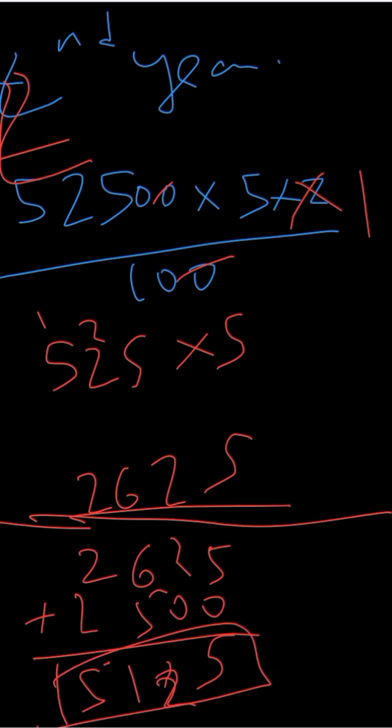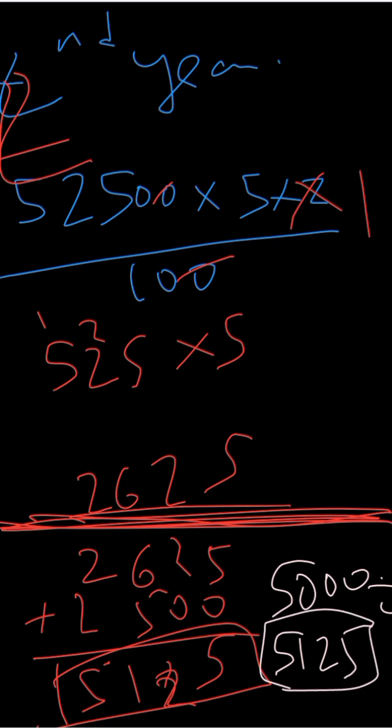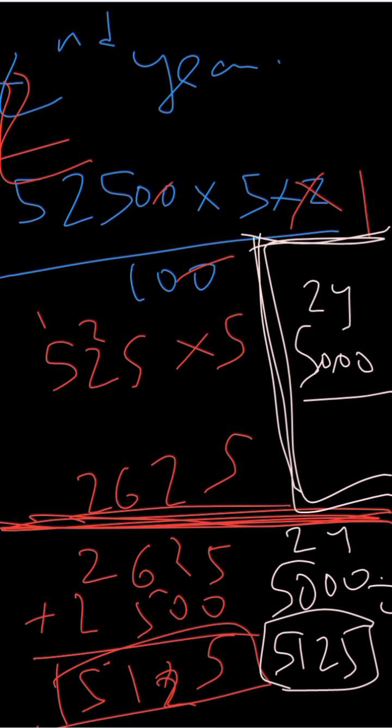In short, he just paid 50,000, out of which he got extra 5,125. Now compare it with that slide number 1, that slide of simple interest, where he got 5,000 for 2 years. Here he got 5,125 for 2 years.